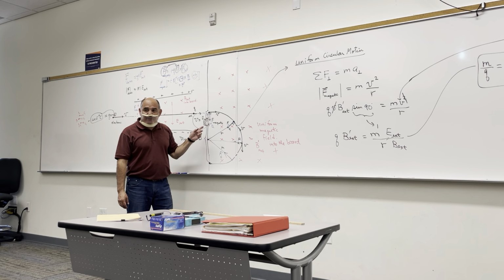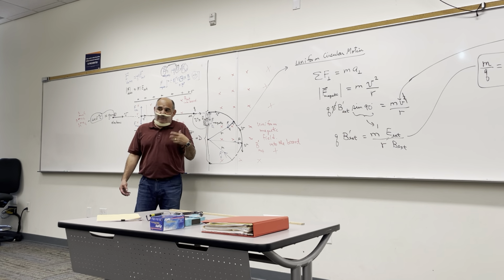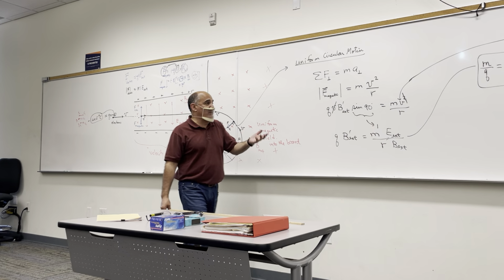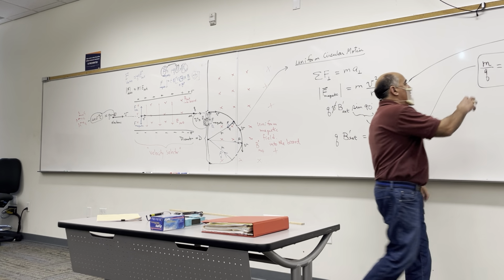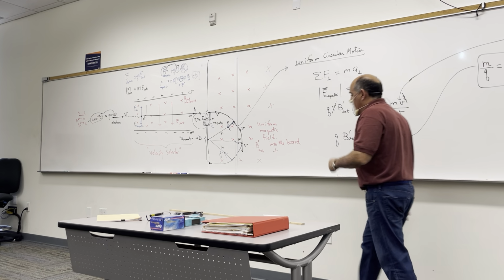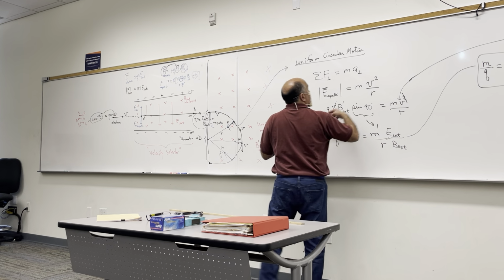So you can measure the diameter of the circular path, half of that is the radius, and then you'll know what the mass divided by that charge is for those unknown particles. It's just an application.